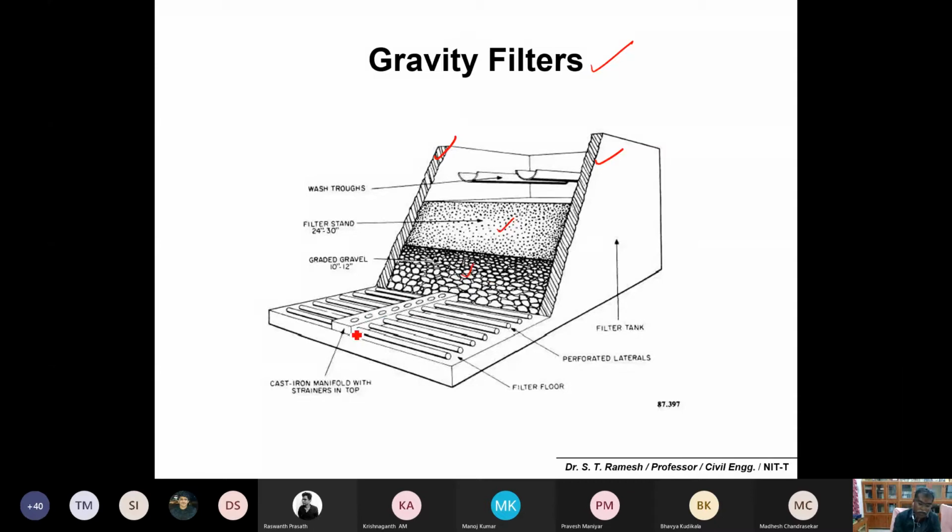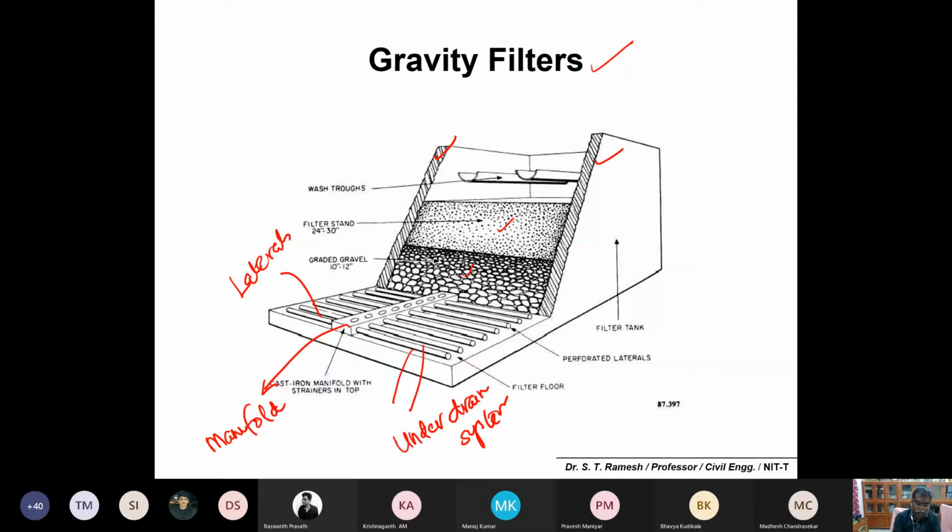At the bottom you can see the underdrainage system. This main pipe you can call the manifold, and these are laterals.